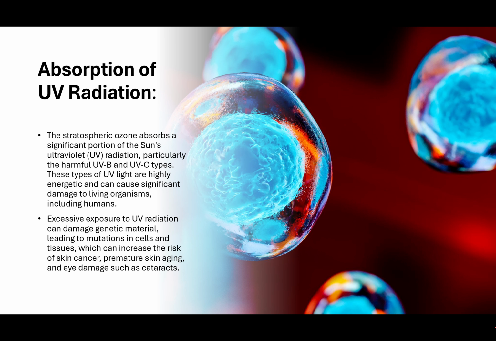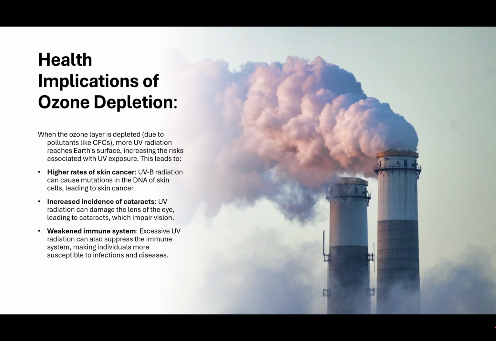All right. So we're looking at stuff like this. Health implications of ozone depletion is here as well, right? So when the ozone layer is depleted due to pollutants like CFCs, more UV radiation reaches the Earth's surface, increasing the risk of UV exposure that leads to high rates of skin cancer, incidence of cataracts, and weakened immune systems.